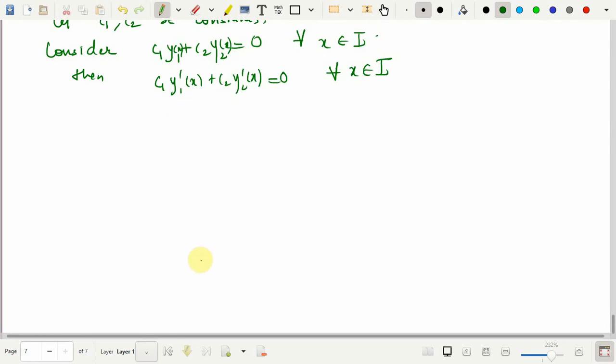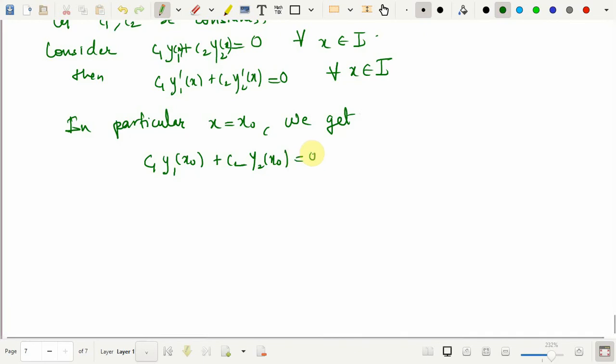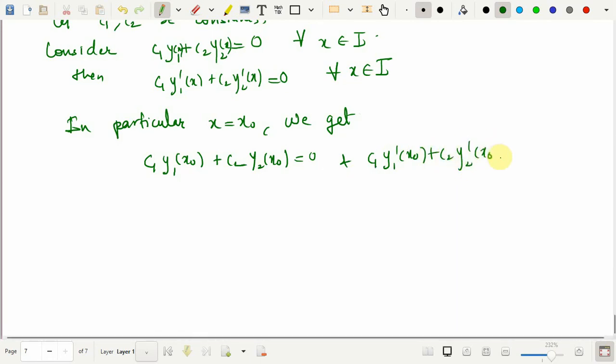This is true for all x in I, and x naught is one particular point I have taken from I. So in particular, putting x equal to x naught, from the first equation I get c1 y1 of x naught plus c2 y2 of x naught is equal to 0, and from the second equation I get c1 y1 prime of x naught plus c2 y2 prime of x naught is equal to 0.